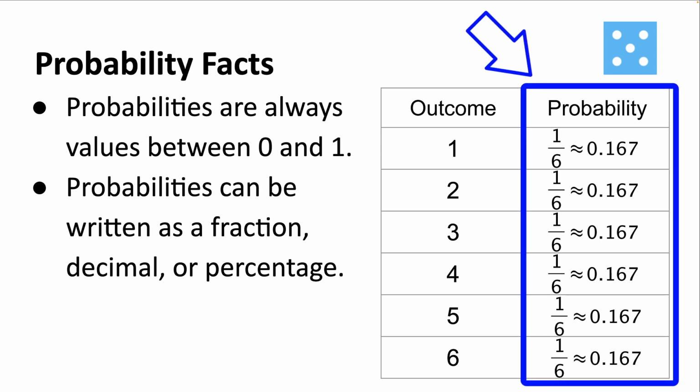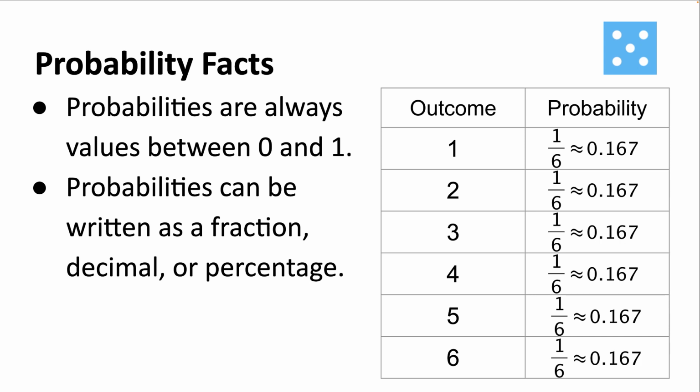So if you look at the probabilities on the right side of this table, I've written every probability as both a fraction, 1 out of 6, and its decimal equivalent rounded to 3 places, 0.167. Now decimals we can think of as a percentage as well. So that means that there's roughly a 16.7% chance of rolling a 1 or a 2 or a 3, etc.